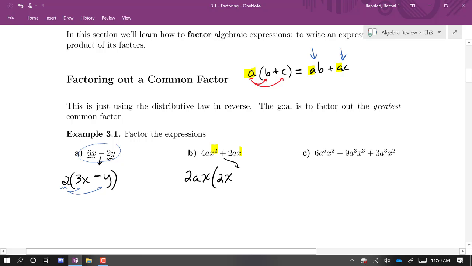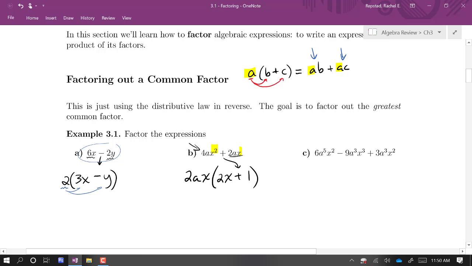Then I bring down the plus. And what do I multiply by 2ax to get 2ax? Well, that is just the same term. I multiply 2ax by 1 to get 2ax. And again, you can check this. If you distribute 2ax through the parentheses, you will recover the original expression.